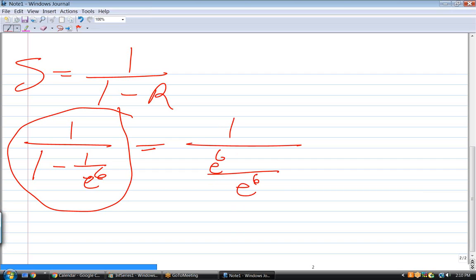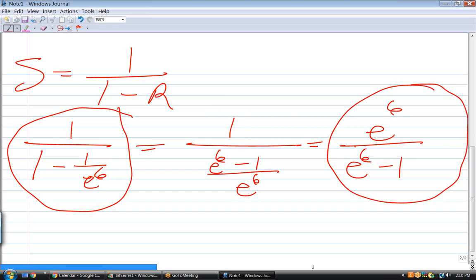This becomes e to the 6th minus 1. You with me? Yeah. Flip it, multiply, you have e to the 6th over e to the 6th minus 1. That is a simplified rational quotient. And that's your sum. Okay.